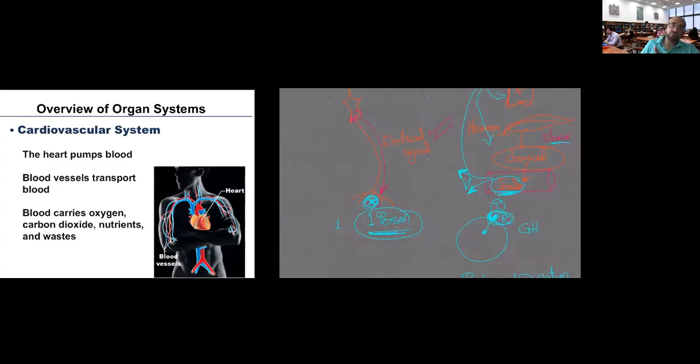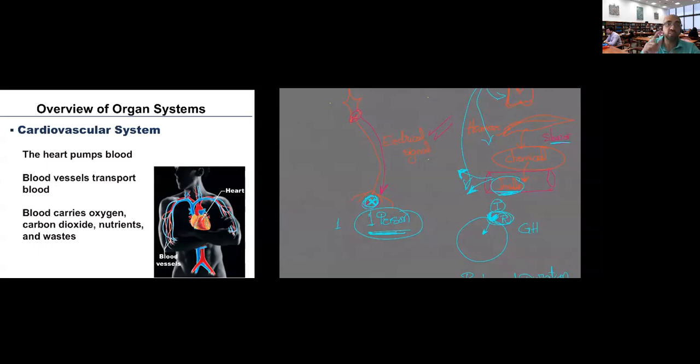And the circulation of the blood allows you also to get rid of the wastes, like the metabolic wastes that result from the chemical reactions taking place in your cells, like the nitrogenous waste, for example, urea, uric acid, and the byproduct of the cellular respiration.